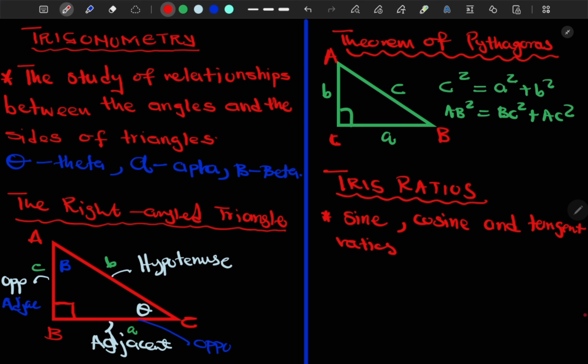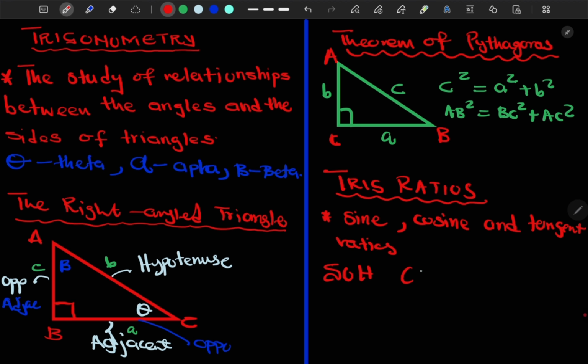These are our three special ratios. When these are applied to a right-angled triangle, they define the relationship between the sides and the angle.